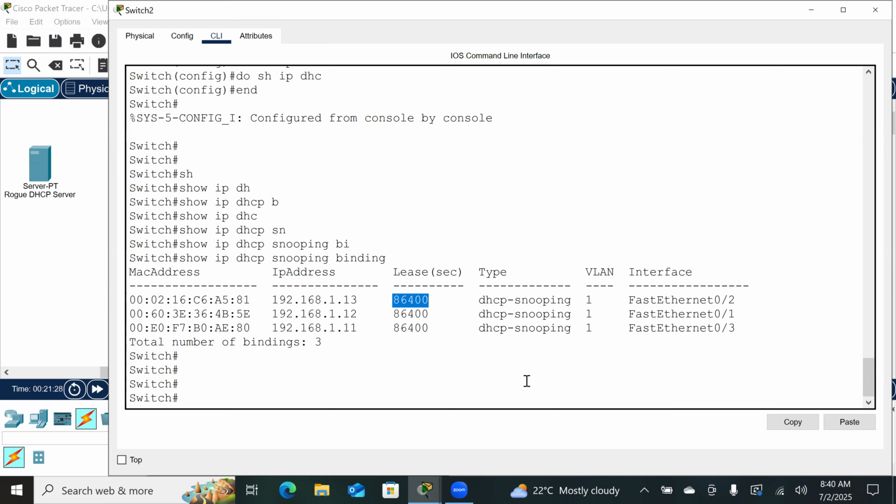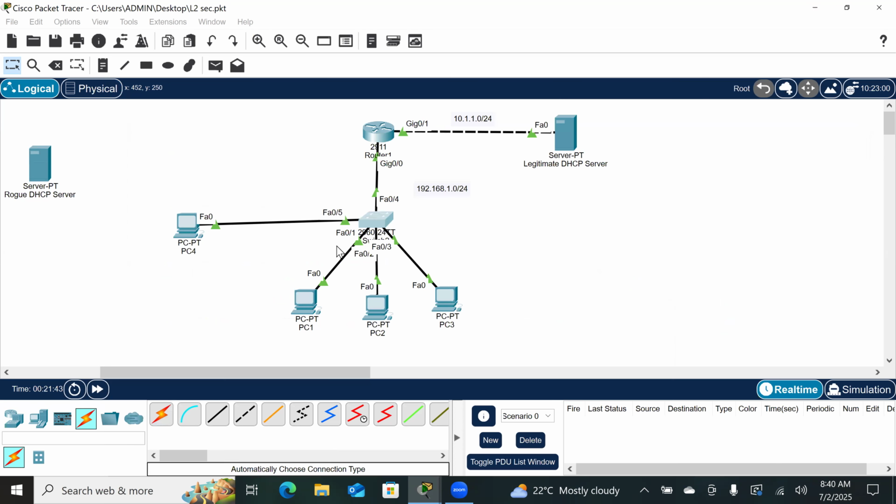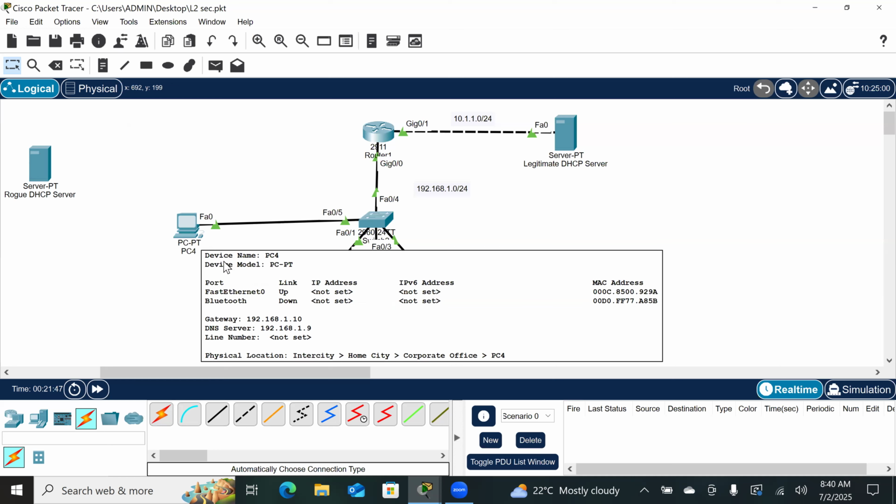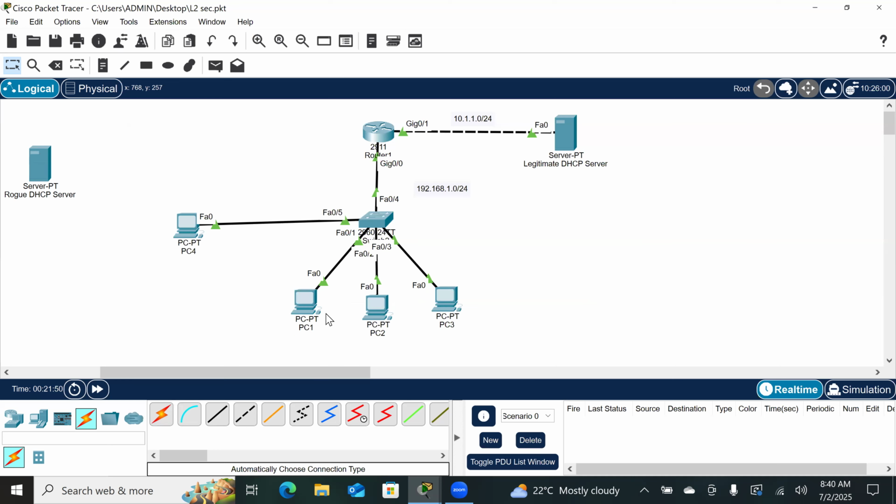What I said, is that the same? 86,400. Yes. And after that, it is enabled with the DHCP snooping on the VLAN 1, and then it has a fast Ethernet 0/2. It has given the IP address 192.168.1.13. Okay. And what I'm trying to do, I mean, the attacker is trying to give someone else's IP address and try to enter.